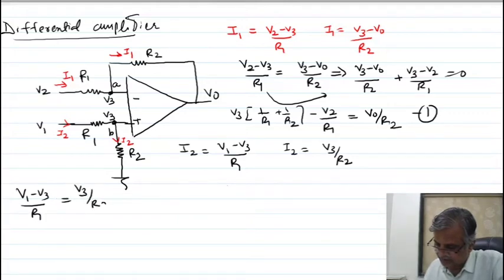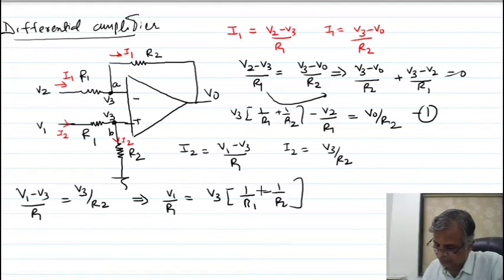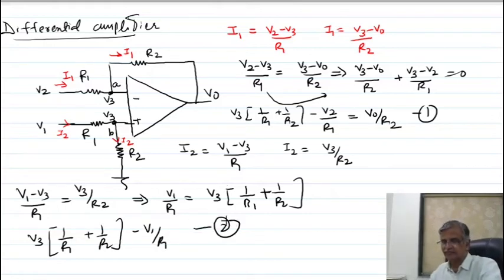So I can write V1 by R1 is equal to V3 common, 1 upon R1 plus 1 upon R2. So I can write V3 (1 upon R1 plus 1 upon R2) minus V1 upon R1, second equation.